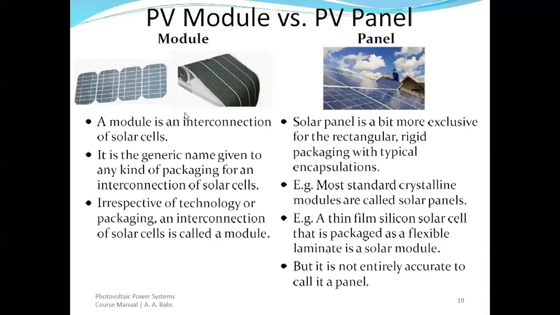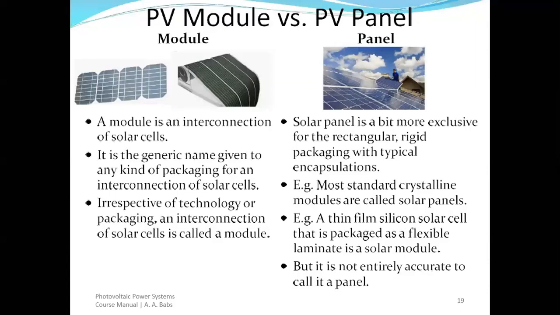Now, when we talk about panels, panels can be defined in two ways. When you put modules together, you can also call it a solar panel. And then when you put many panels together, you can call that a solar array. All right. But in very strict cases, a solar panel is used when we are talking about a rigid packaging. For example, standard crystalline modules are usually called solar panels when they are combined together.